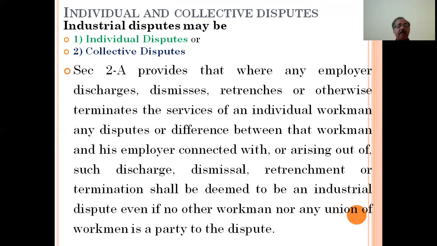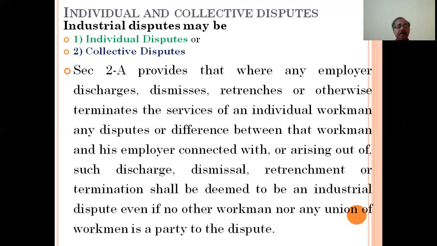Individual and collective disputes. So let us see what is an individual dispute and a collective dispute. Industrial disputes may be broadly divided into individual disputes and collective disputes.